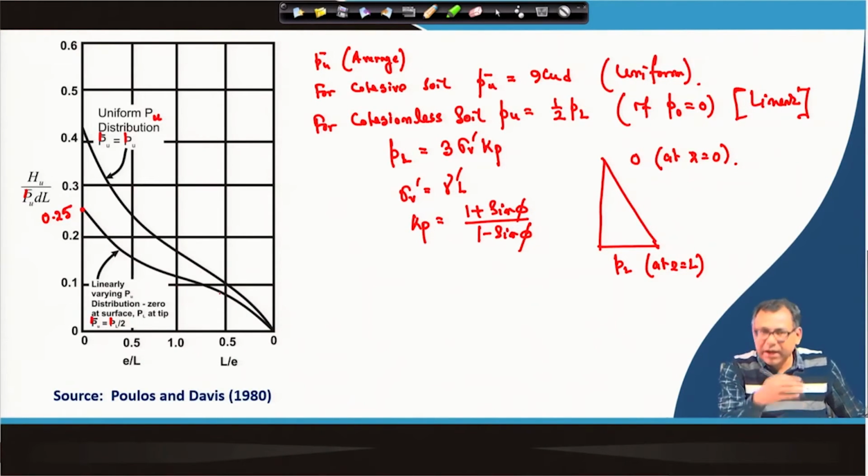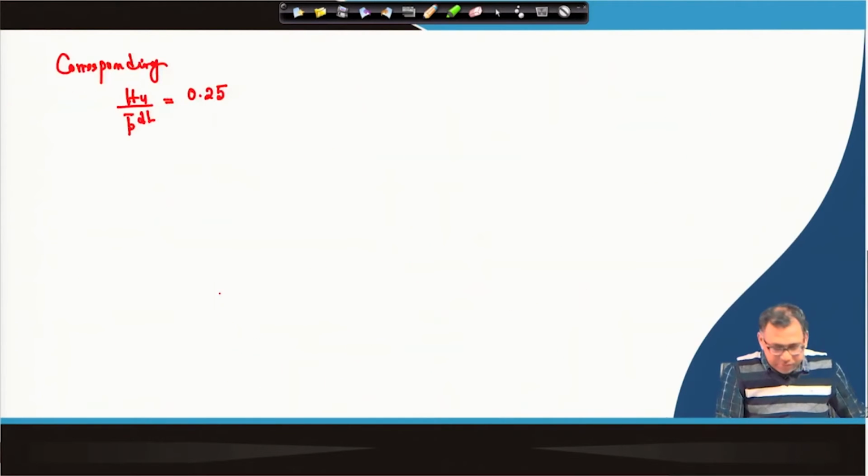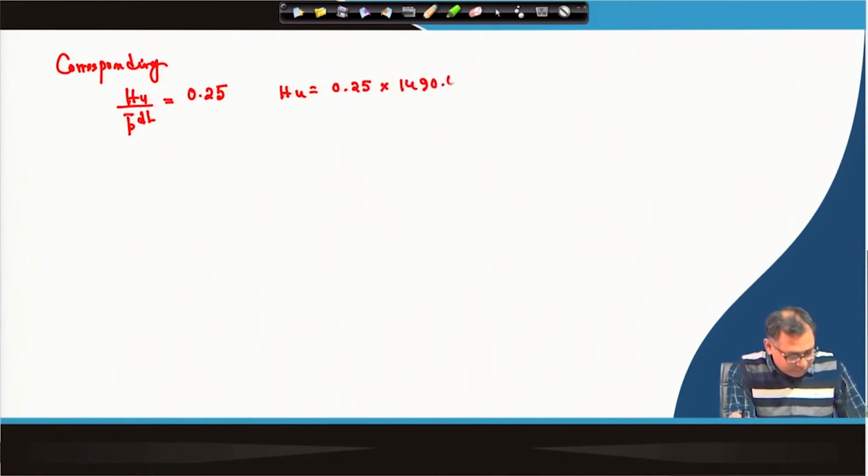Once we put this value, Hu is equal to 0.25 into 1490.4 into d into L, with d equal to 0.25 and L equal to 20, which gives 1863 kilonewton.